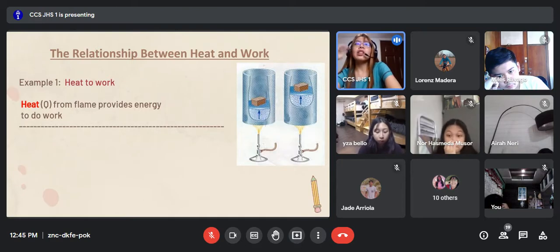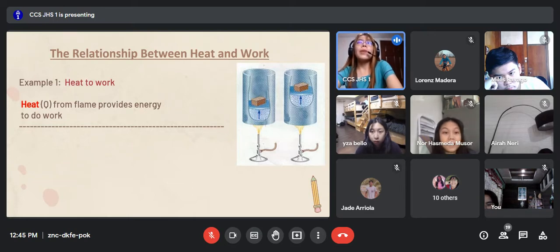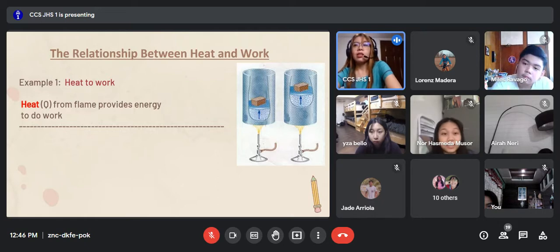He discovered in his experiment that if you stir the water vigorously with a paddle, there's an increase in temperature of the water because you're actually applying work to the water. So the result is heat.